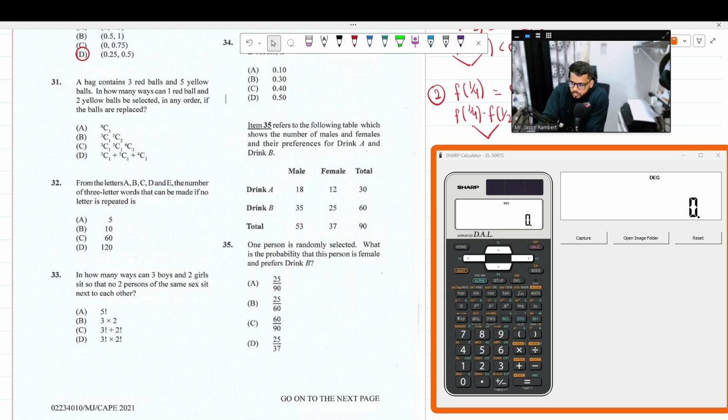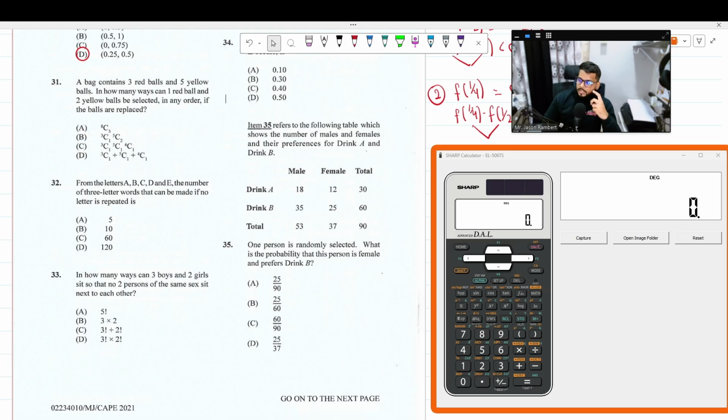For the second one, the question could be reworded to say, well, if the bag contains the 3 red and the 5 yellow, how many ways can 1 red ball and 2 yellow balls be selected at the same time? So in order for B to work, they need to specify that the 2 yellow balls are selected at the same time without replacement.